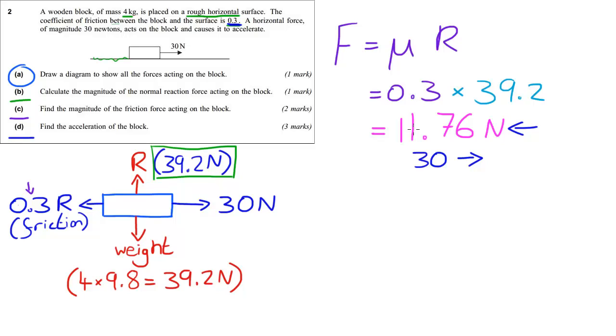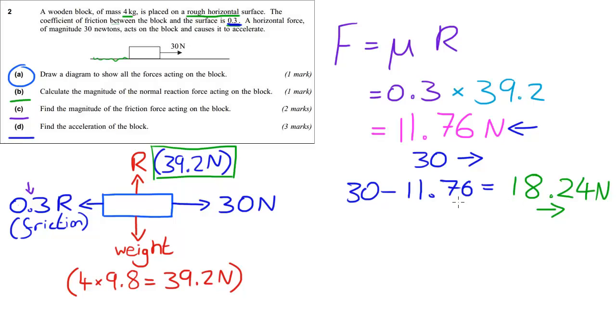So 30 minus 11.76 is equal to 18.24. So we have a kind of leftover going right of 18.24 newtons. This is forces in newtons.